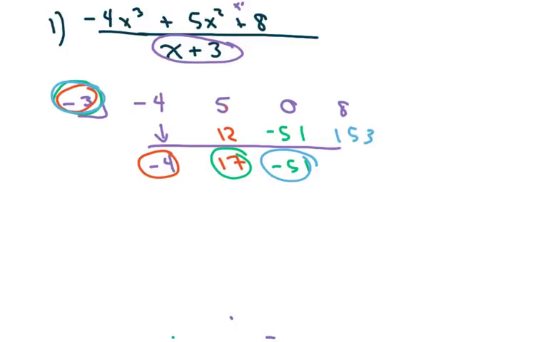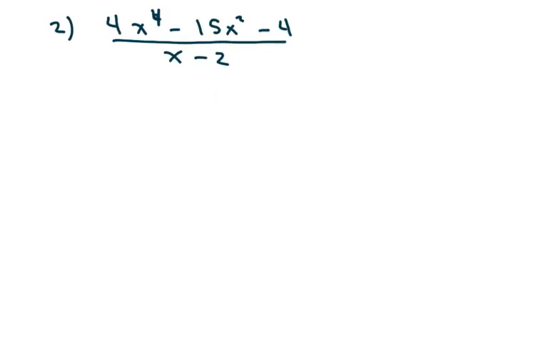And when you add that, you get 161. If it's a factor, this should have been a 0. So the remainder equals 161, which does not equal 0. Therefore, x plus 3 is not a factor of our dividend.